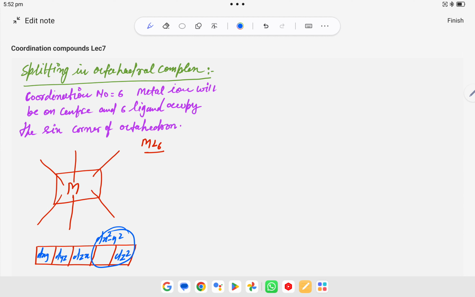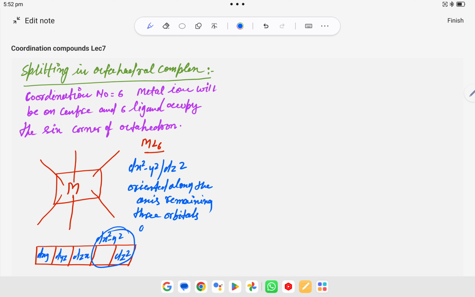Dx square y square and dz square are oriented along the axis, and the remaining three orbitals are oriented in between the axis.